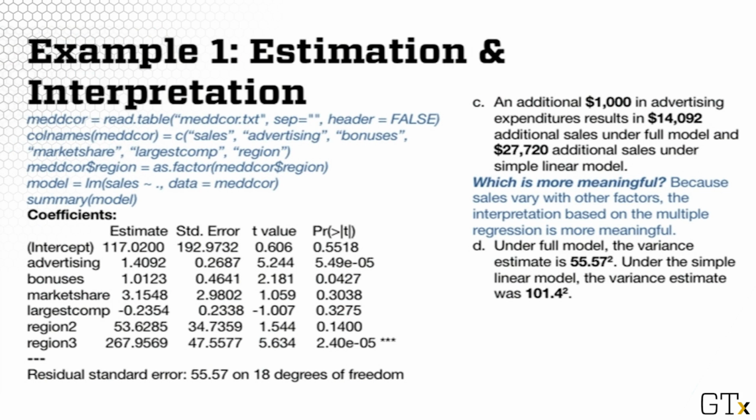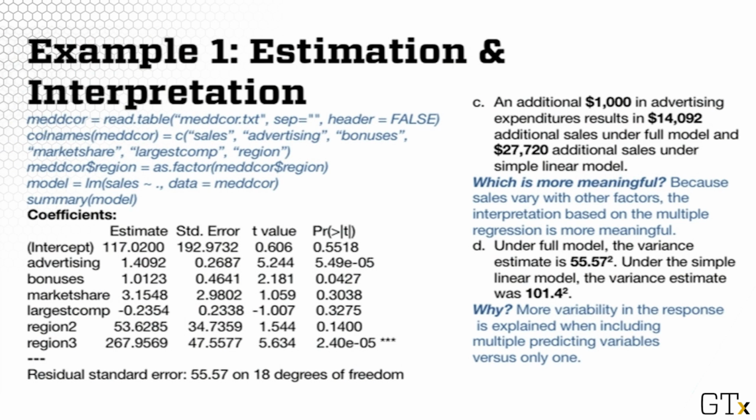So what we see here is that the estimated variance of the errors under the full model is much smaller than the estimated variance under the small model, the model with one predictor. So why would that be the case? The reason is that when we include multiple variables in a model, more variability in the response is explained as compared to the model when we include only one variable.